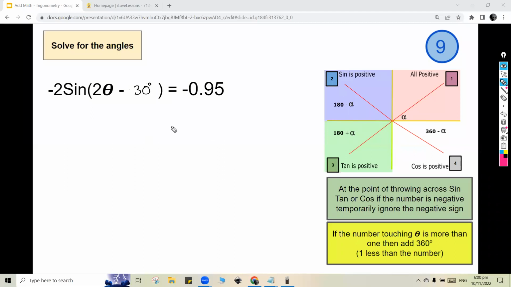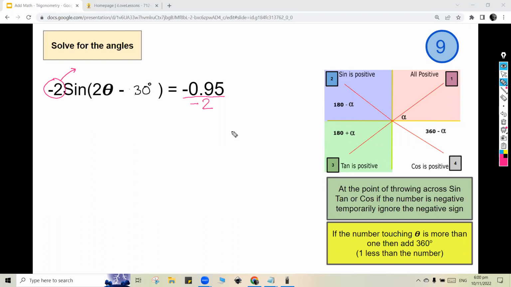Great. This minus 2 over here is a secret multiply. Throw him across. You get what? A divide. Divide these two. Minus 0.95 divided by minus 2. Right? We're getting 3 decimal places. Keep them. It's a nice decimal.